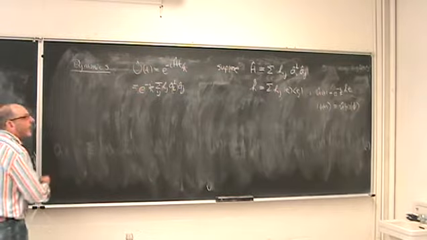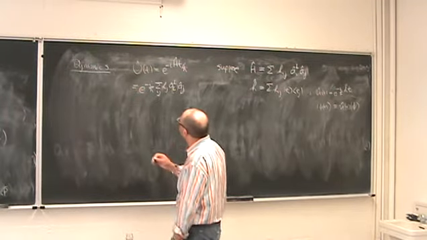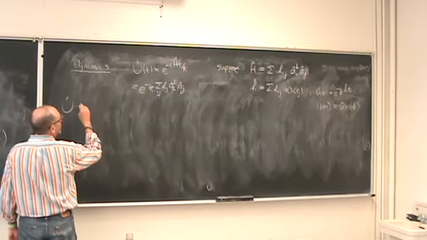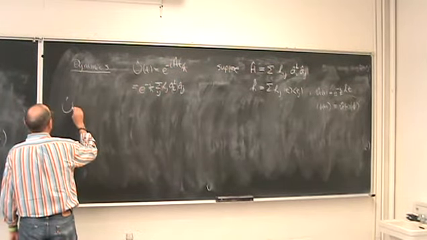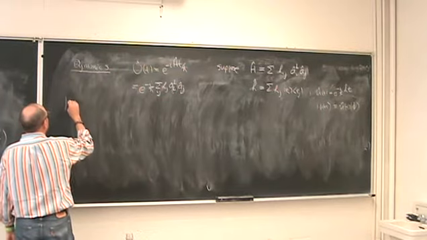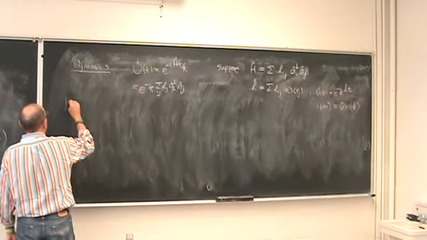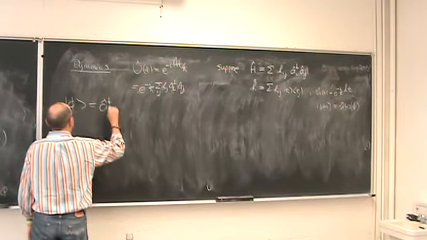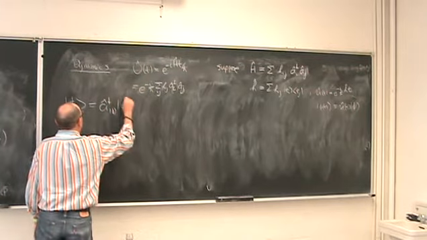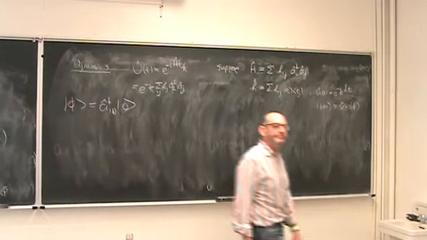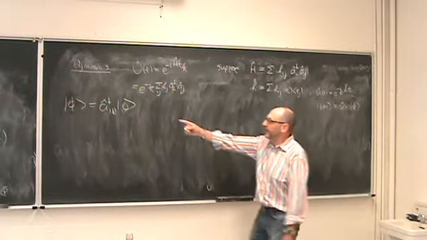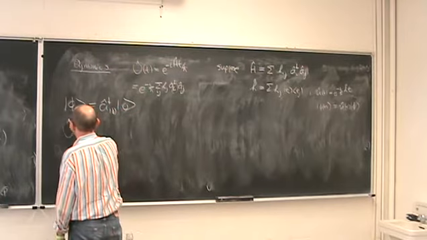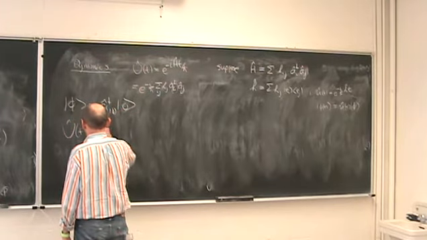So now suppose I want to know how a certain state evolves. So let's suppose I have, at time t equals 0, the state is one particle in the state phi. So how does this evolve as a function of time? Well, I apply the time evolution operator to this.